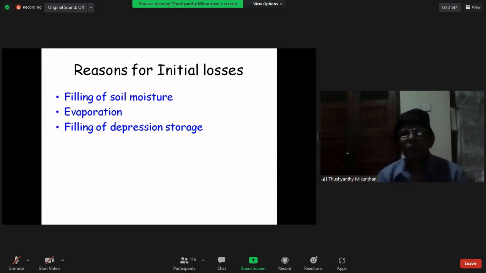So you know the definition of initial loss, and you know how to estimate it with the rainfall data and the flow. Then why the initial loss takes place in the catchment: filling of soil moisture, evaporation, and filling of depression storage.